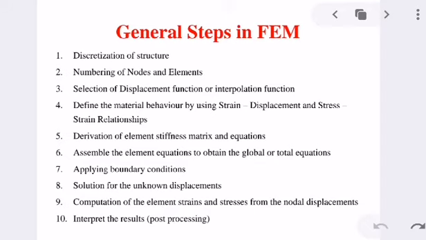So let us see what the steps involved in FEM are. The first step is discretization of the structure, which means elemental division.